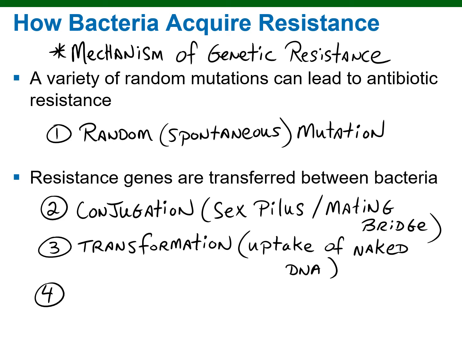And finally, there is one last possibility where resistance genes are transferred through a process called transduction. Transduction is facilitated by what are called phage viruses. Phage viruses are viruses that can infect bacteria, and sometimes they act as a genetic vector, which means they can pick up DNA from a current host and bring it to a future host.